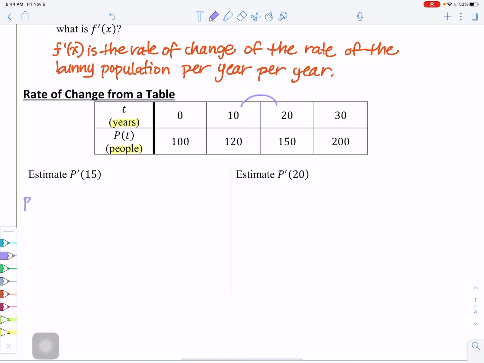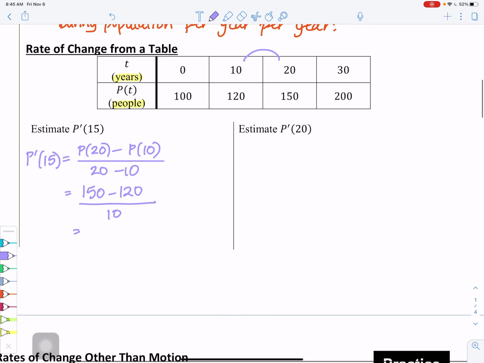So P prime of 15 is approximately P of 20 minus P of 10 all over 20 minus 10. That would be 150 minus 120 all over 10, and you'd come up with 3 people per year.